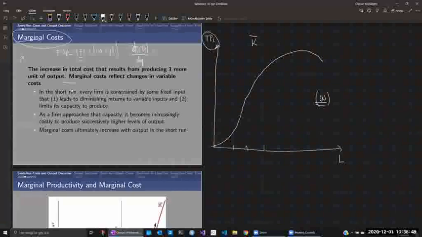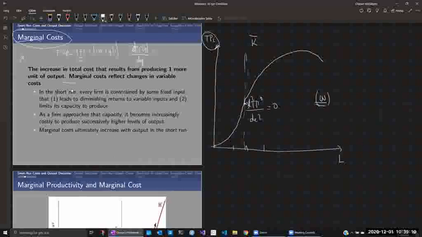And we see that after some point, after this breaking point, the second order derivative of the total product with respect to labor is exactly equal to 0, right?